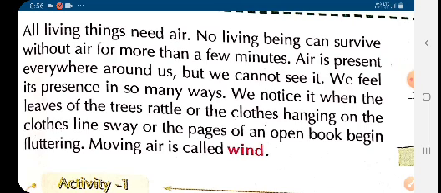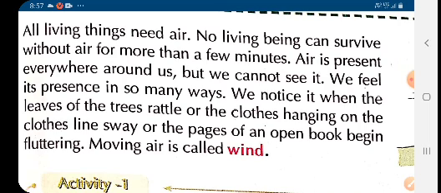This is the wind which helps us sail the boat. This is the wind which helps us fly the air balloons. So children, sometimes when this wind becomes very fast, it is dangerous too.